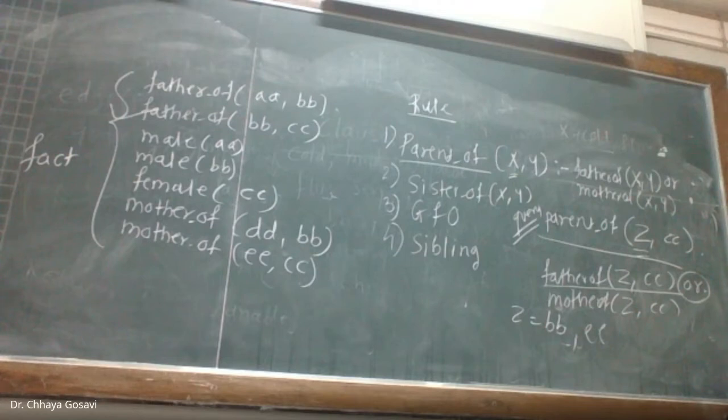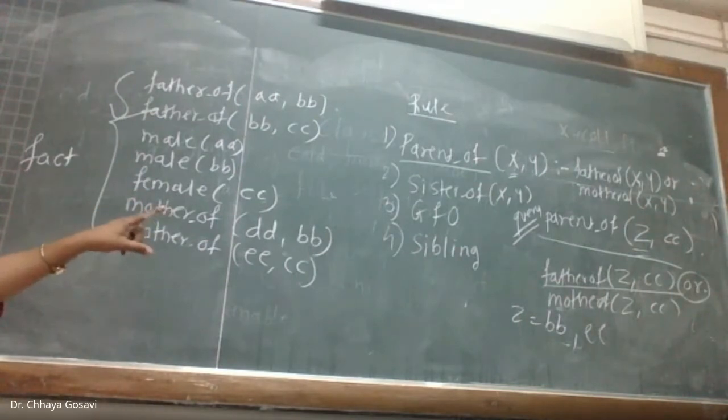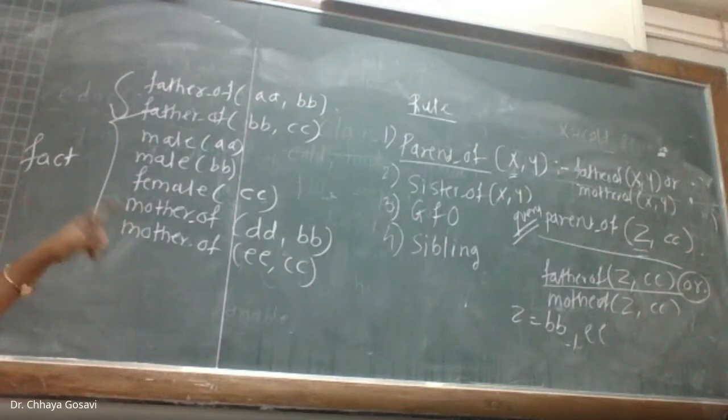If mother is there, you can use it, correct. You just have defined the parent of relationship. The parents of X and Y should be common, and X should be a female. So sister of X comma Y, you can say parent Z comma X and parent Z comma Y. So Z should be parent of X and Z should be parent of Y.